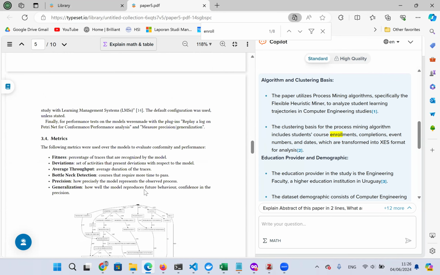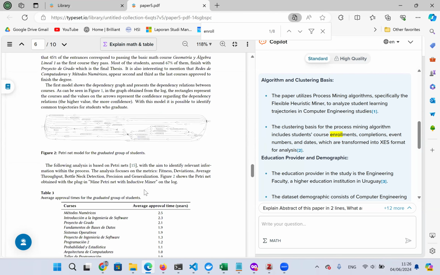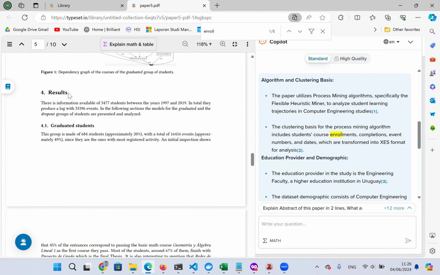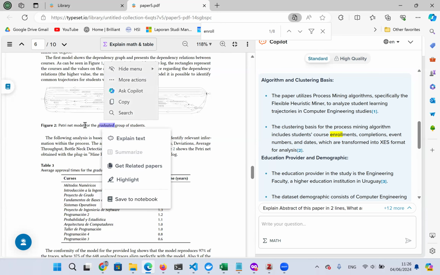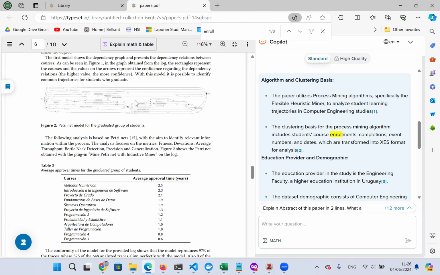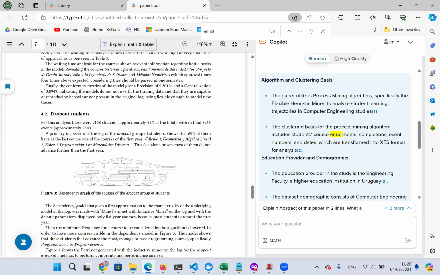And actually, we can cross-check it in the result section. Just take a look at the graph here and see. As you can see, it is graduated. The process pattern for the graduated group of students. While in here, it is the process pattern for the dropout students.